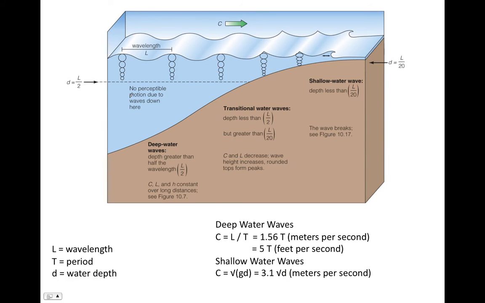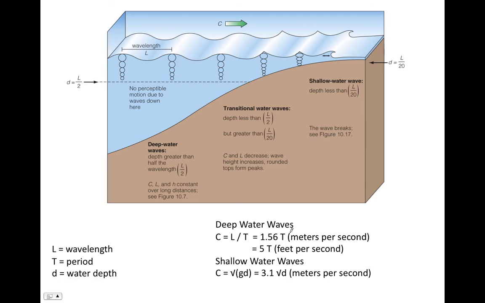Now, deep water waves, the individual waves themselves, travel at a celerity, or a speed, that is equal to the wavelength divided by the period of the wave. Since the wavelength is usually a function of the period, we can say that the celerity is, in metric units, usually about 1.56 times the period in meters per second.